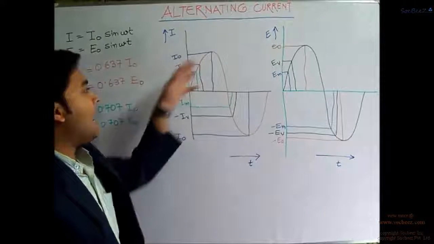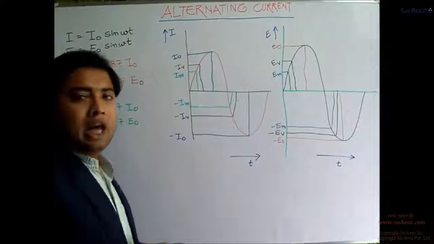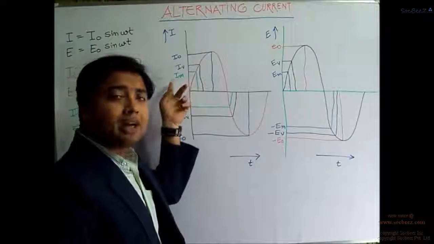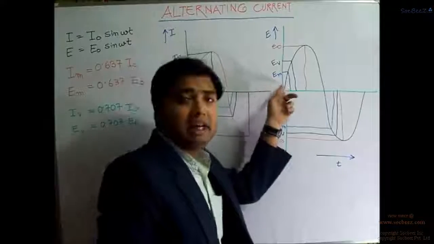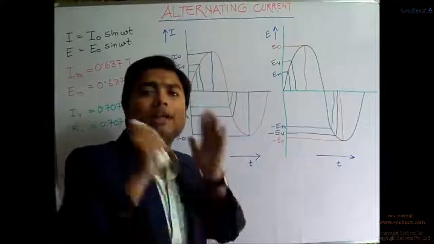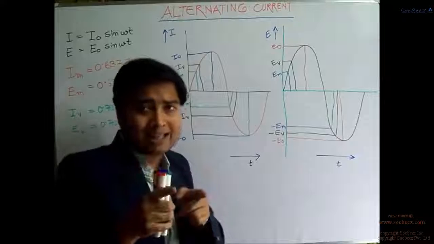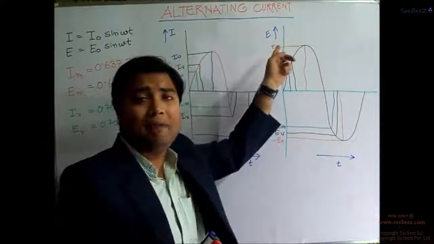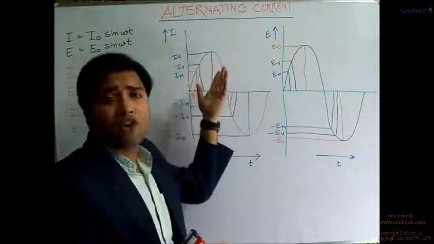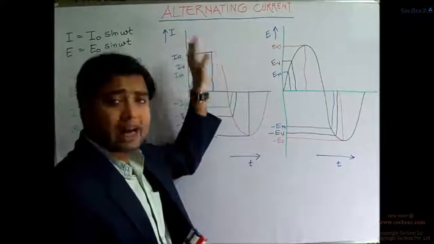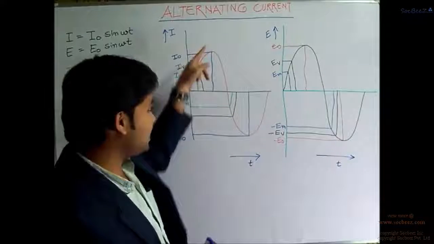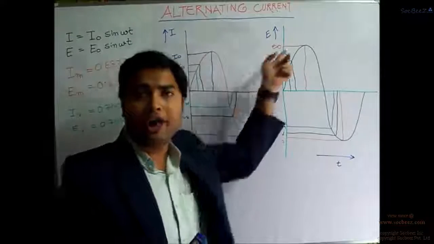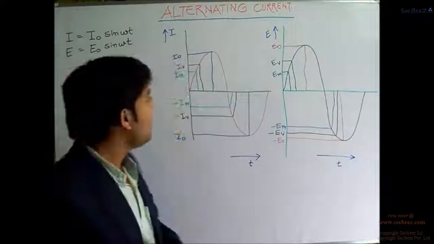So from this entire graph we are able to understand that the mean value of the alternating current or the alternating EMF is actually the least, whereas the peak value for this alternating current or alternating EMF, in either the upward or the lower direction, as it changes its phase periodically, is I naught or E naught, right?